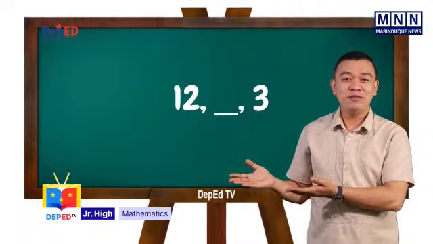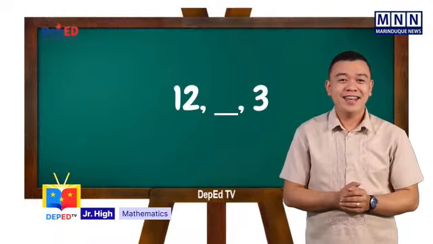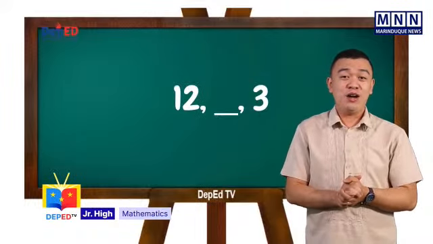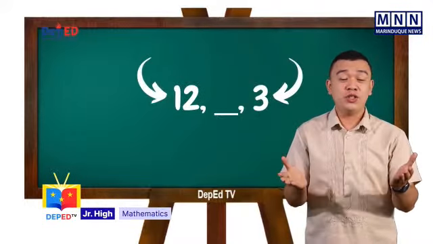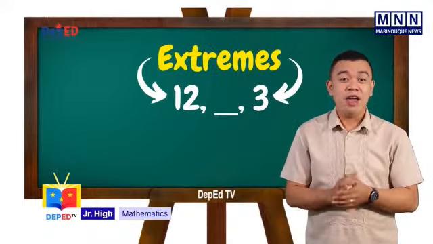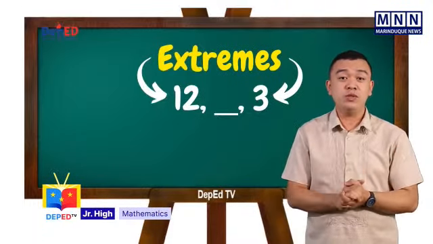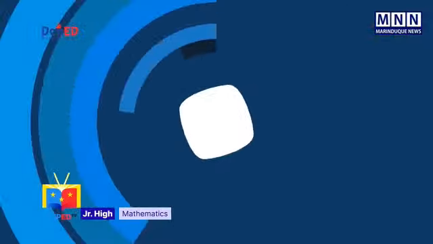12, blank, 3. The given terms are first and last terms. These terms are called the extremes, and the term or terms in between the extremes are called geometric mean or geometric means.